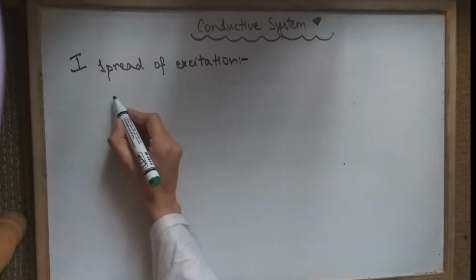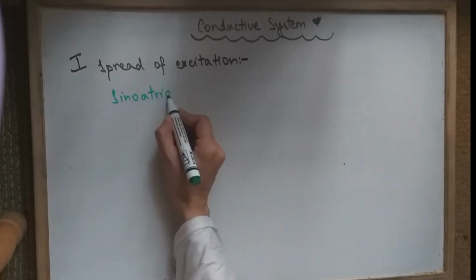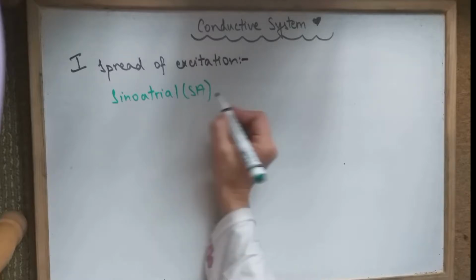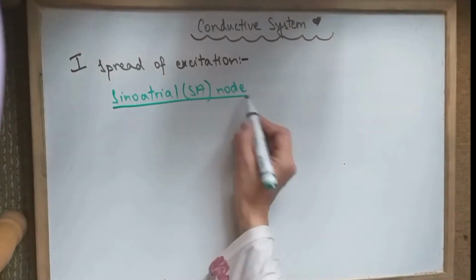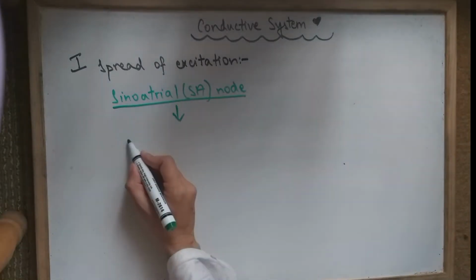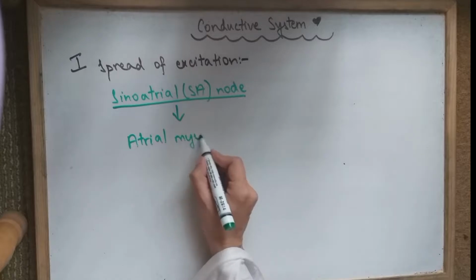So we start with the sinoatrial node, which is in the right atrium, and it is the pacemaker of the heart. So obviously it is going to start the electrical impulse. From there, it depolarizes the atrium.